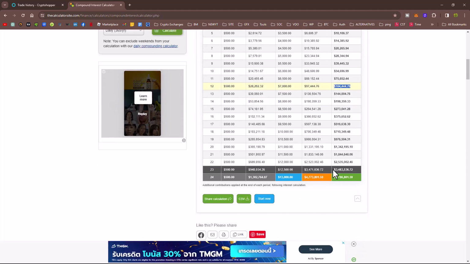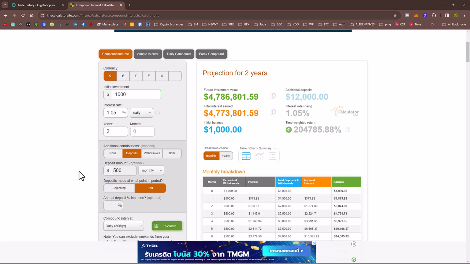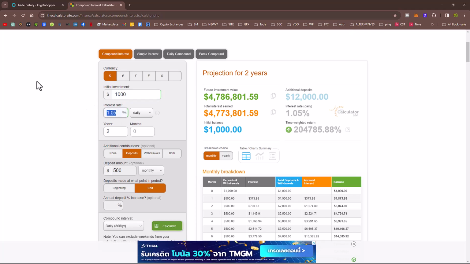And the end of year 2, $4,786,000. Is that enough money, guys, starting from $1,000 and adding $500 a month? Can you see this is absolutely insane?